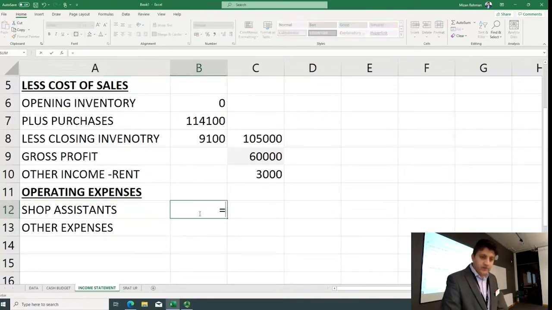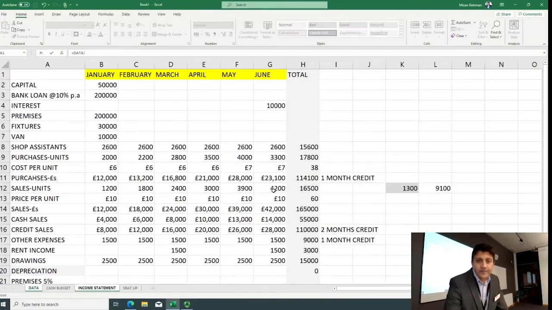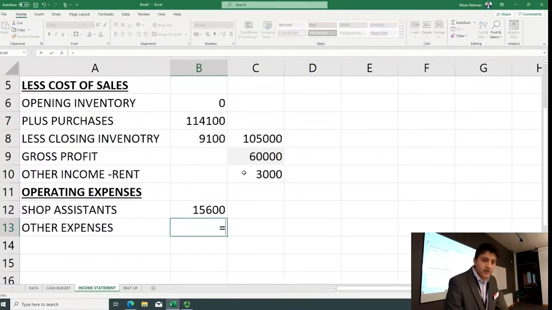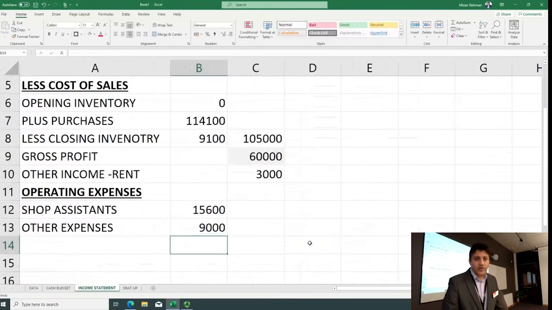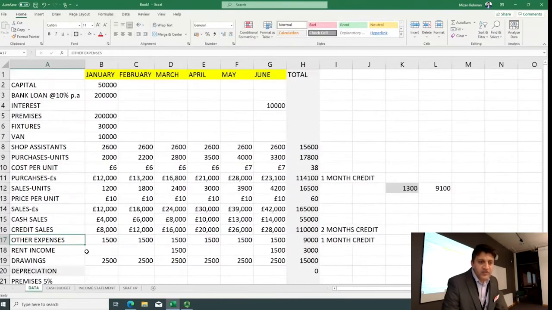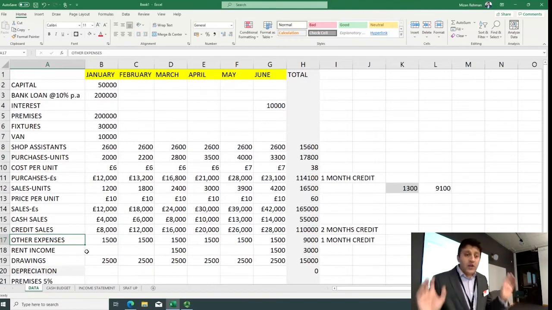The values in the data. Alright, can we see anything else? Purchase is done, sales done, cash sales, other expenses, rent income done, and drawing is not an expense. So we have done with our operating expenses, but depreciation is also an operating expense.